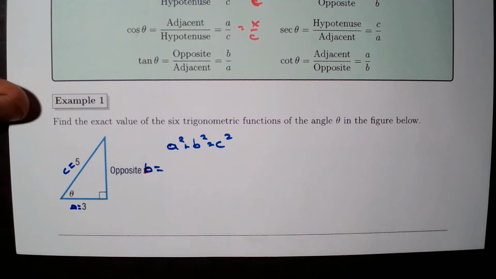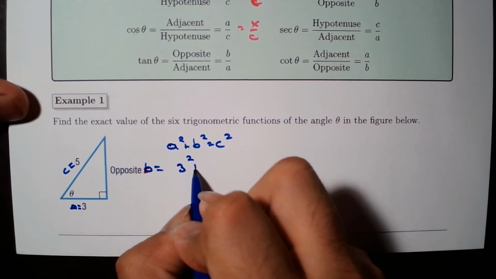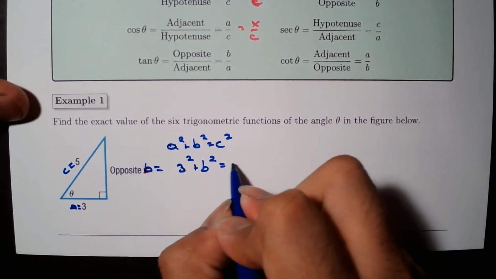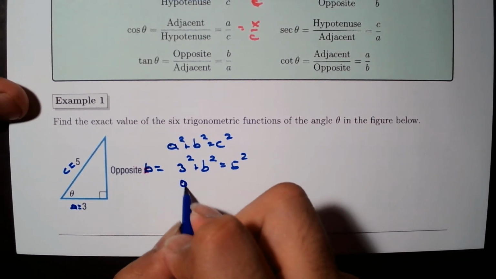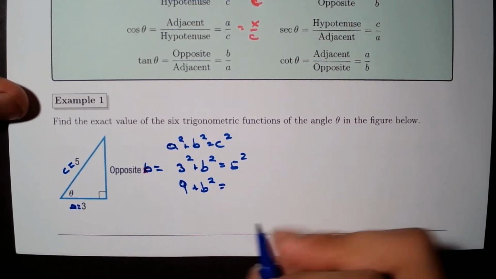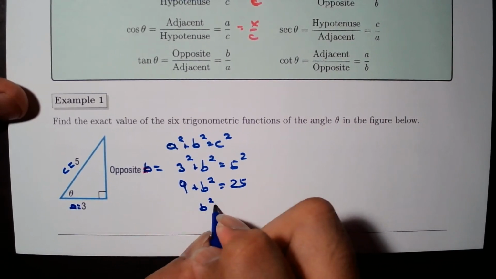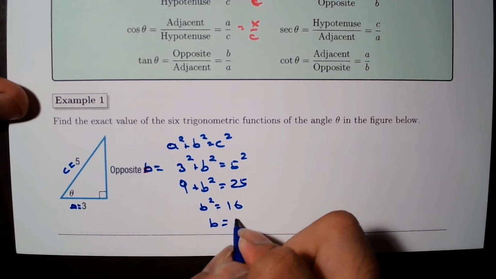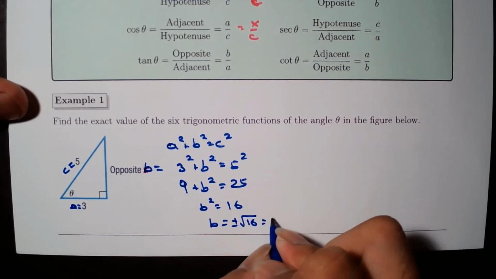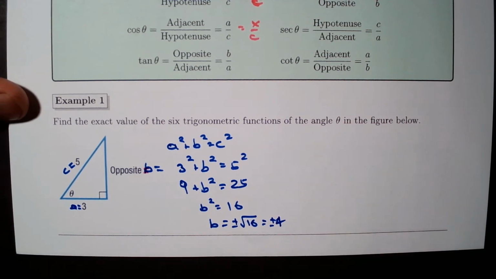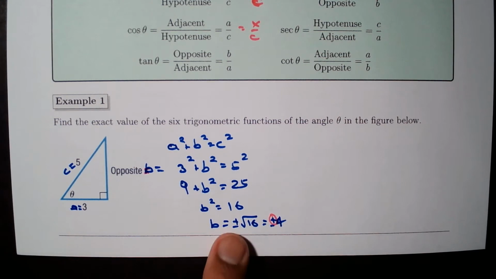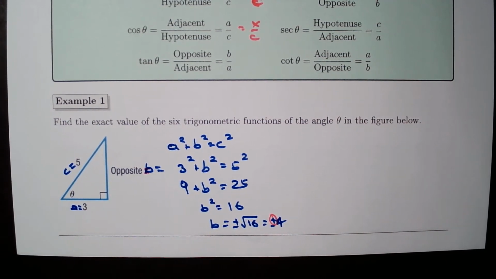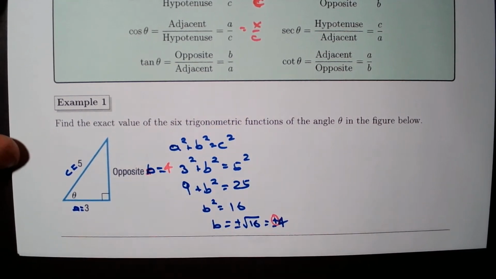So a squared, that's 3 squared, plus b squared equals c squared, which is 5 squared. That's 9 plus b squared equals 25, so b squared equals 16, and b equals plus or minus the root of 16, which is plus or minus 4. But we skip the negative value because we're talking about the side of a triangle, which has to be positive.